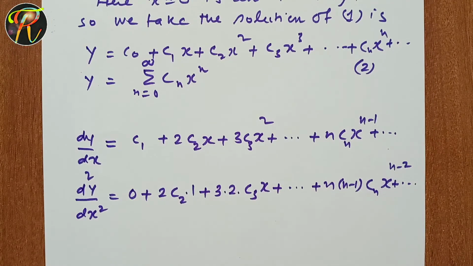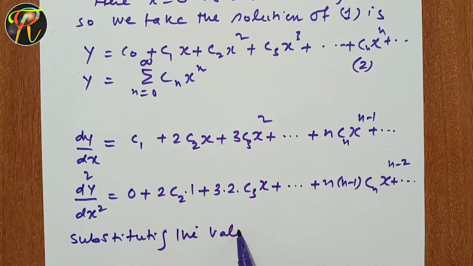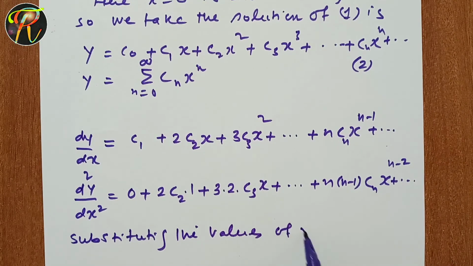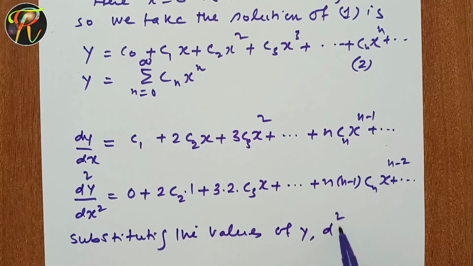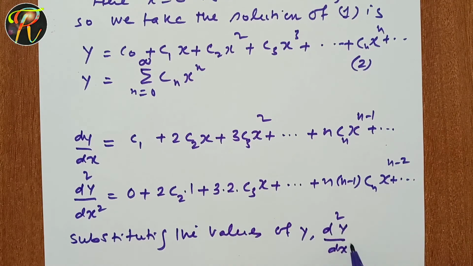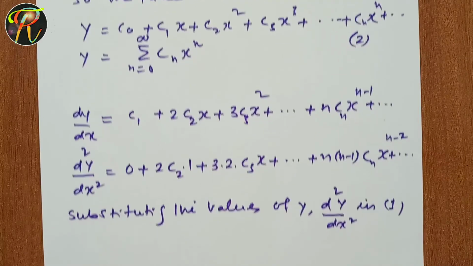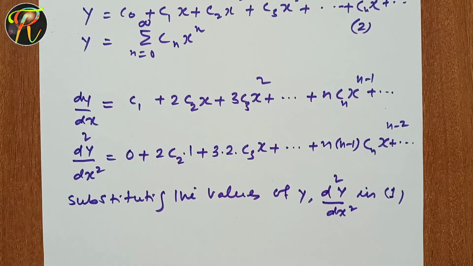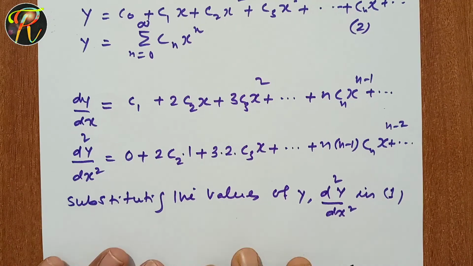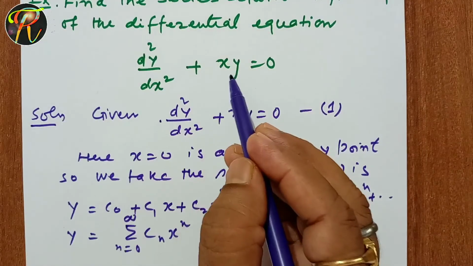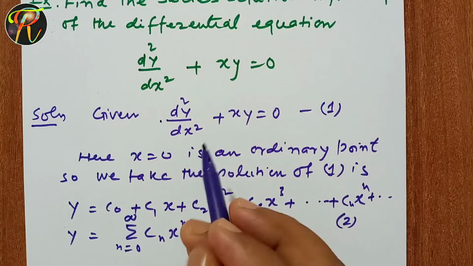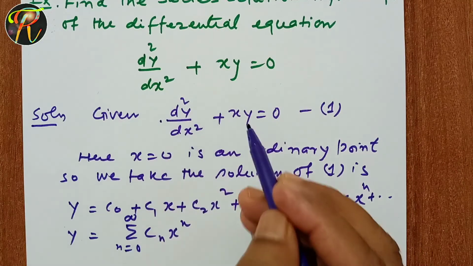Now, substituting the values of y and d2y upon dx2 in the given differential equation 1, d2y upon dx2 plus xy equal to 0, first we put this value and then y.